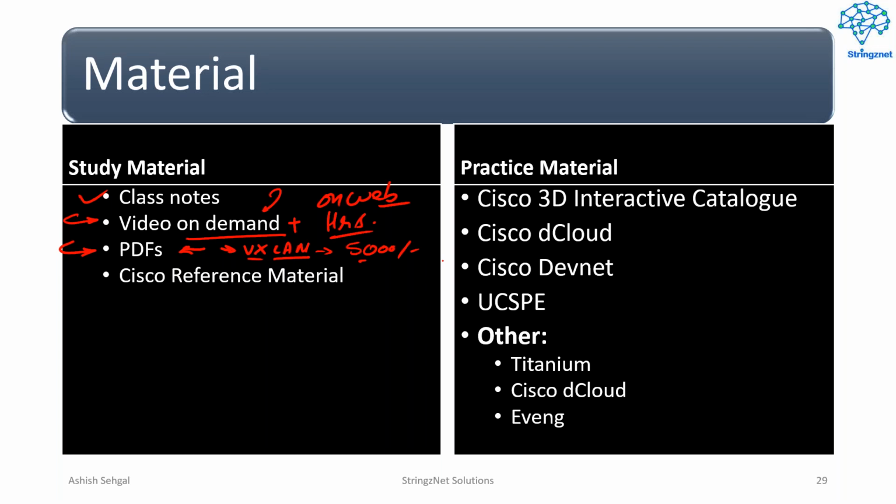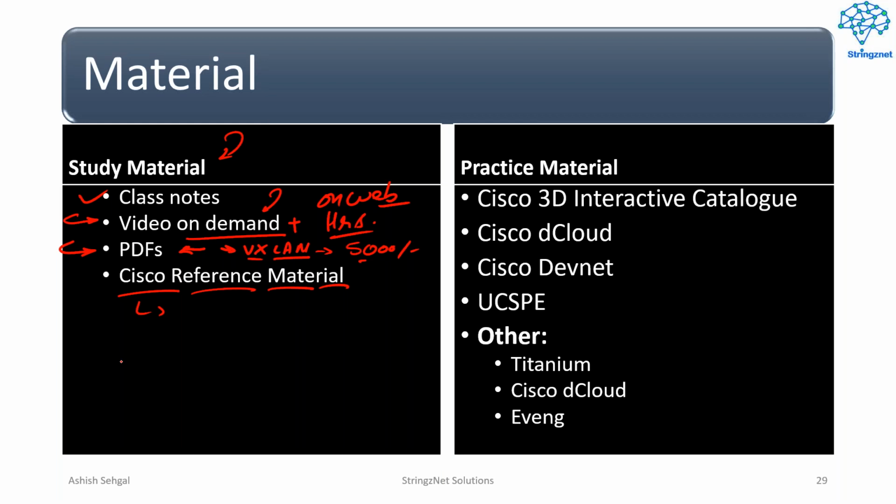I will be providing you that free of cost as part of this particular program. These are PDFs which I have collected over a long journey. Then any Cisco reference material, which is of course going to be in PDF form, I will keep on providing along with the modules. This is with regards to the study material.